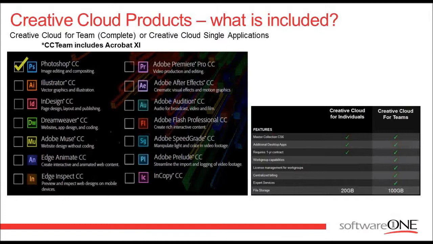Now, from an apples-to-apples comparison, on the right-hand side of the slide, you'll see a comparison of what you get from the online services perspective. Instead of 100 gigabytes per license for the Creative Cloud Team product, you only get 20 gigabytes. Another thing that is poignant for me is the expert services, meaning that everyone who has a Creative Cloud Team license can call into Adobe and schedule a one-on-one support call.